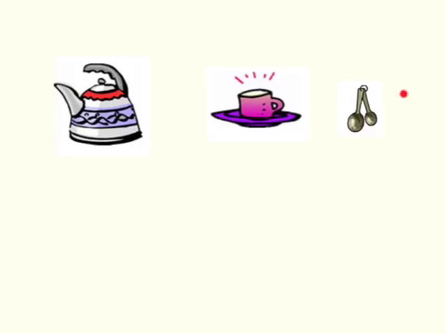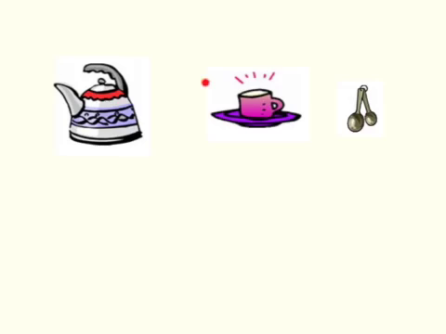Okay, so have a look at these three containers here. We've got this kettle, this cup, and these spoons. If we were to compare the capacity that these containers could hold, we would say that this kettle holds more because it is bigger than the cup and the spoons. So this has more capacity than the cup and the teaspoons.